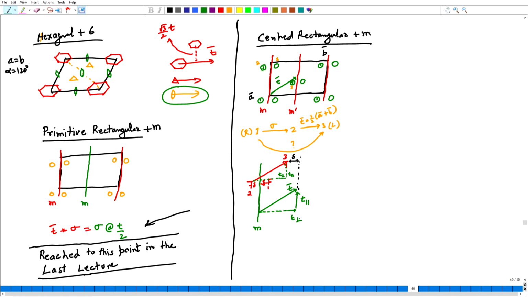So, what can I do? I can try, suppose I put a mirror. If I put a mirror, motif number 1 will be reflected with the handedness changed, something like this, and it will be directly below motif number 3, but it will not coincide with motif number 3. How can I make it coincide?